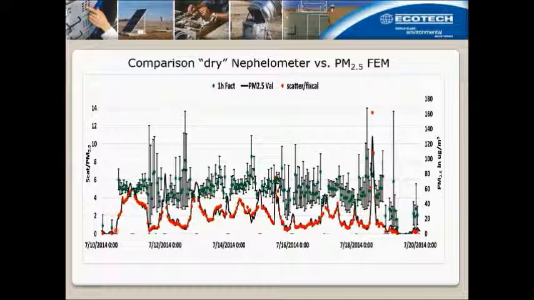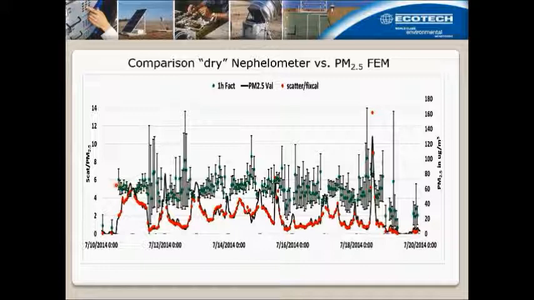And you see the black curve is the FEM concentration, PM2.5, and the red dots are the measured scattering coefficients from the nephelometer, just divided by a constant factor of about 5. And you see they track each other for a 2 week period very, very nicely.